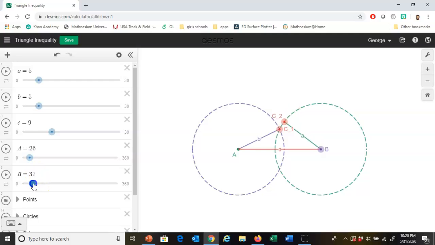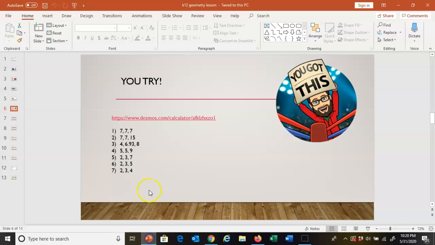And this one needs to get smaller. 26 might be a good bet for that one too, which makes sense because if these two side lengths are the same, then of course the angles will be the same also. So somewhere around 26 degrees. That looks like a pretty good triangle. We'll mark that one as yes also.